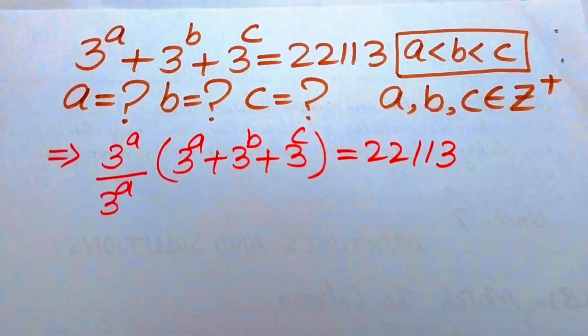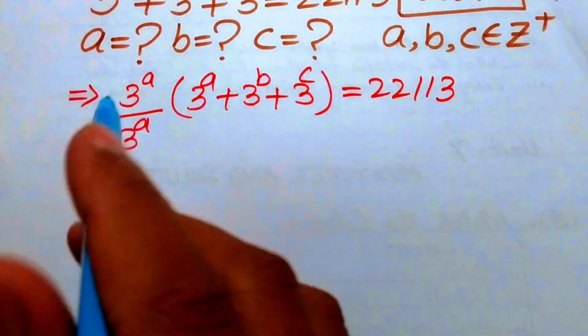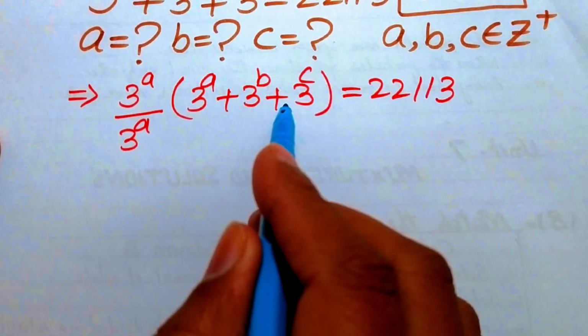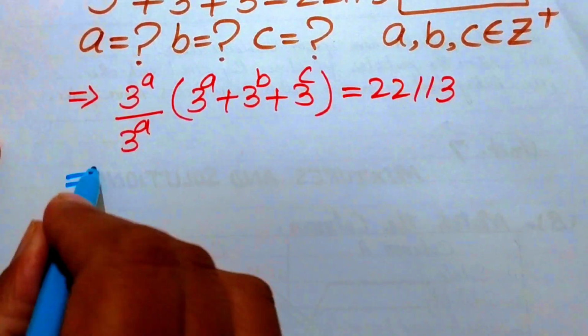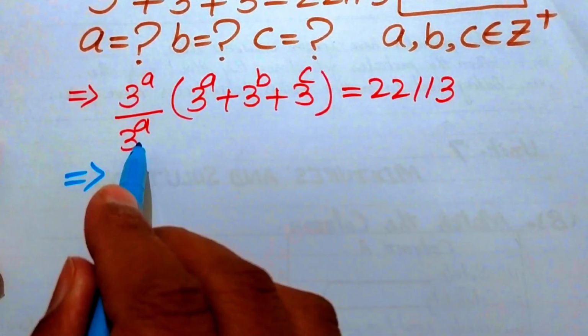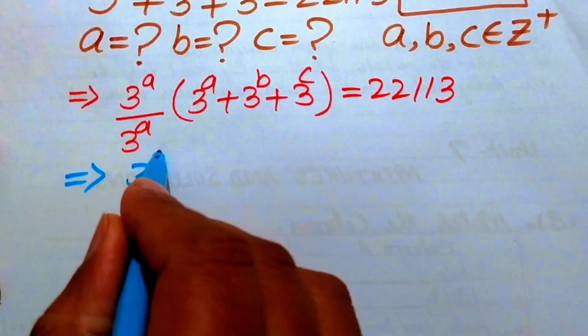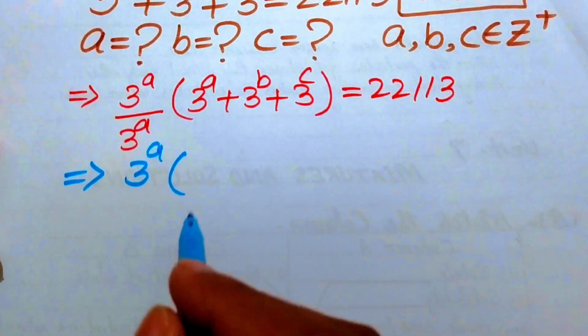In the next step, we multiply this 1 over 3 to the power of a by each of these terms. So when we multiply each of these terms by 3 to the power of a, we get 3 to the power of a times.